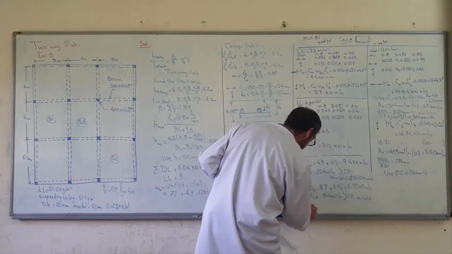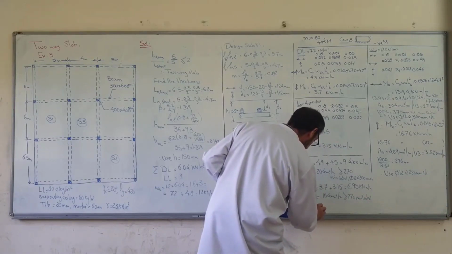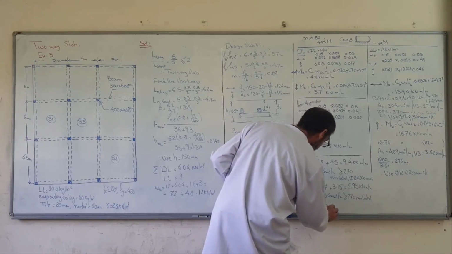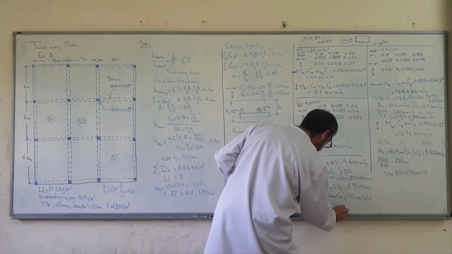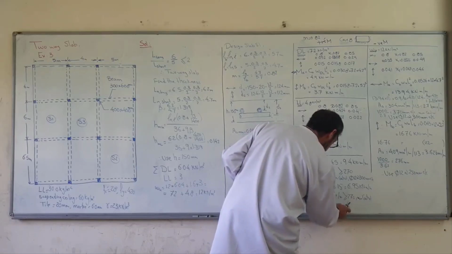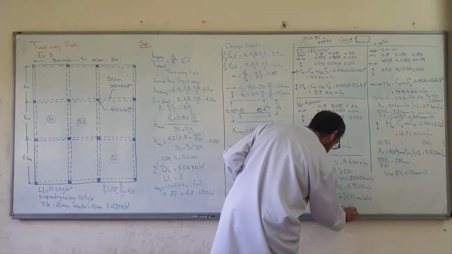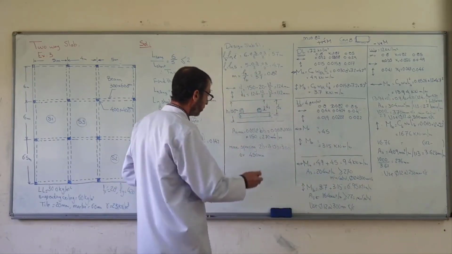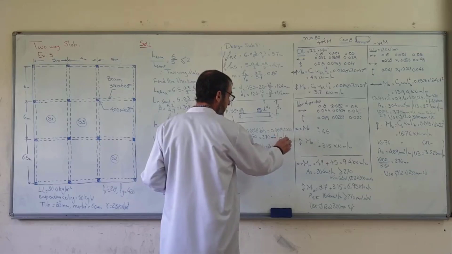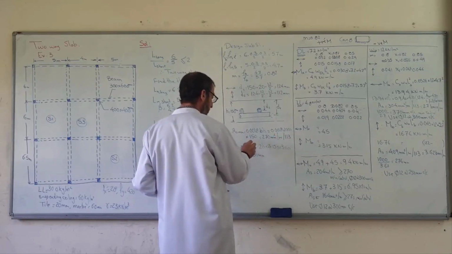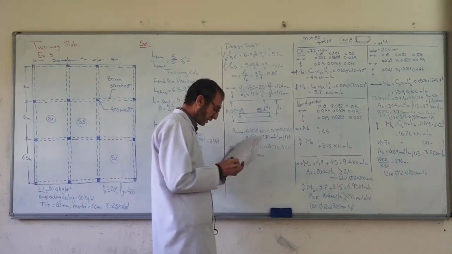Use phi in this direction long, phi 12 at millimeter center to center. Here we must also find the distance between the bars. We get spacing here more than 300.